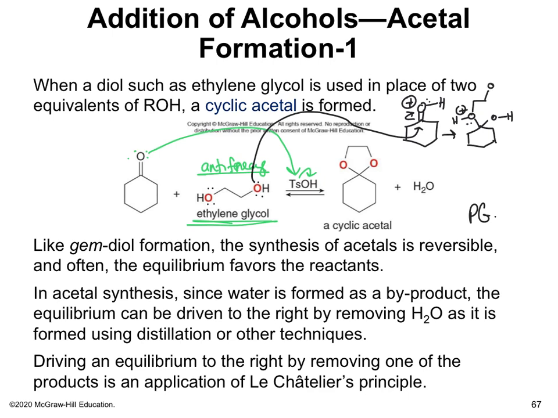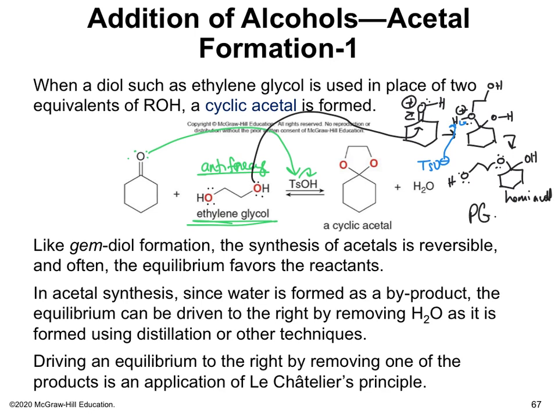And then you still have the OH here. And then you have the tosic acid catalyst that's going to deprotonate that. So do you see that that's a hemiacetal? The OH and then O. This is your hemiacetal.